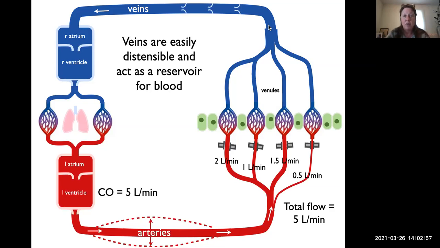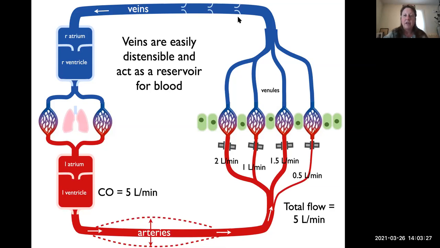When extra rainwater comes, the reservoir is where we hold that and collect it for when we need it, when it's not raining. So the veins hold a great deal of blood and can easily, by constricting, send more blood into the rest of the circulation, or by dilating, can hold on to that extra blood until it's actually needed in circulation.